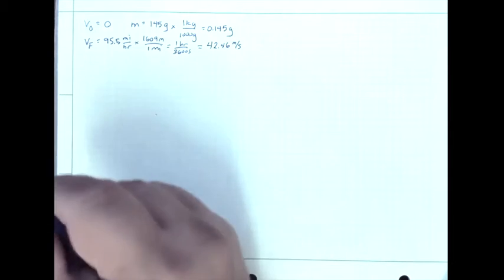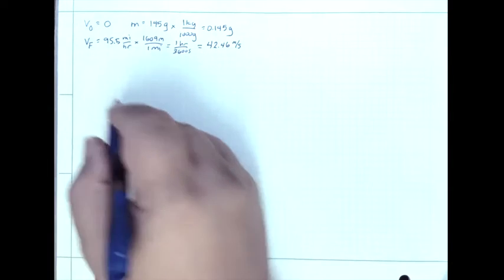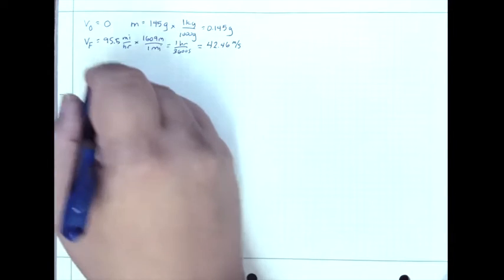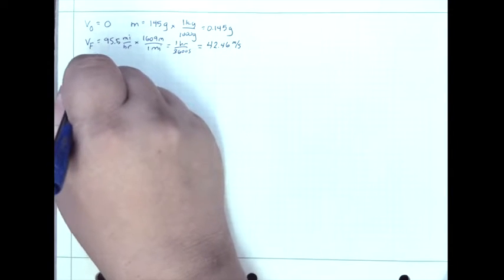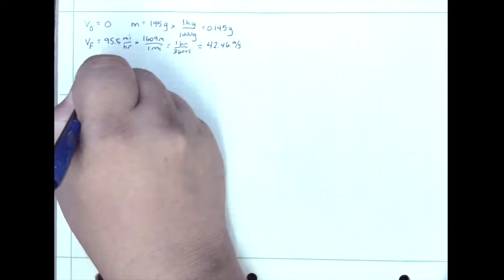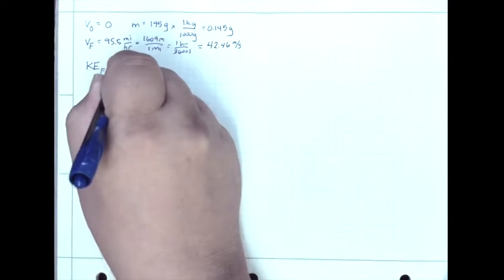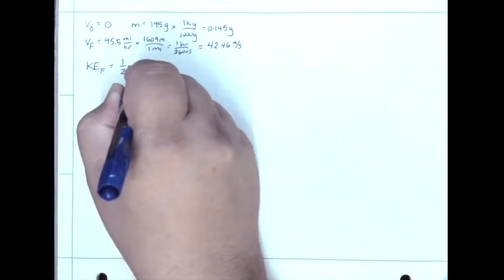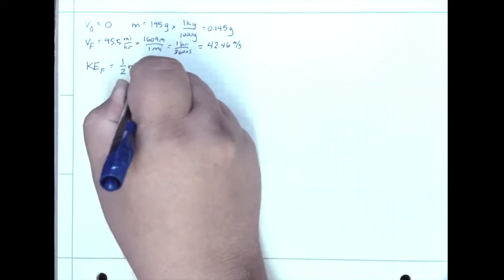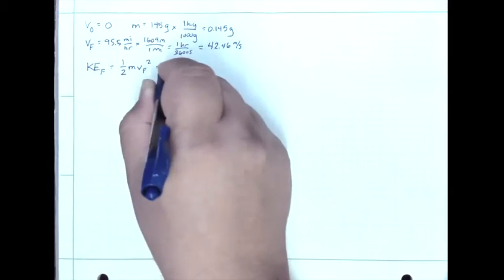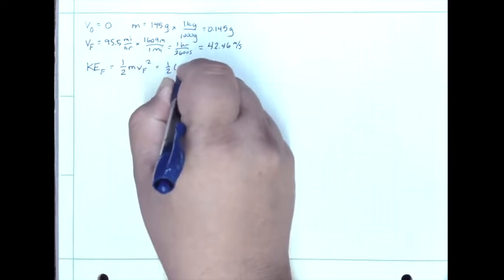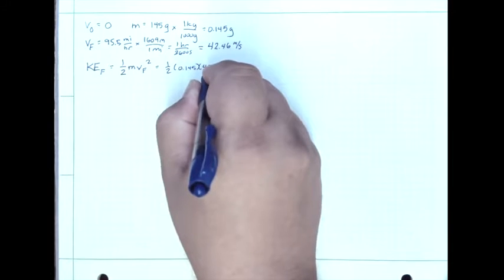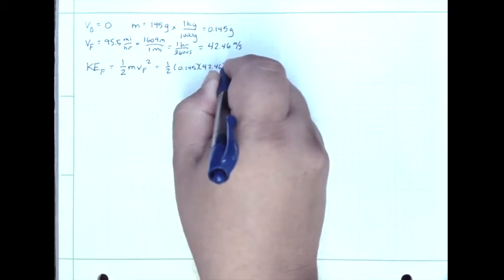The first thing we are asked is, what is the final kinetic energy of the ball when the pitcher releases it? Now, this is a straightforward application of the kinetic energy formula, which is 1/2 times the mass of the ball times the final velocity squared. So 1/2 times 0.145 times 42.46 squared.